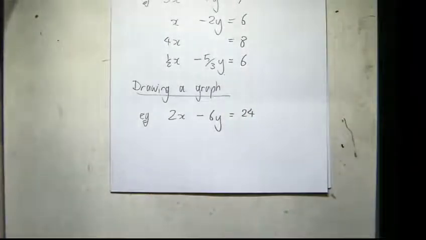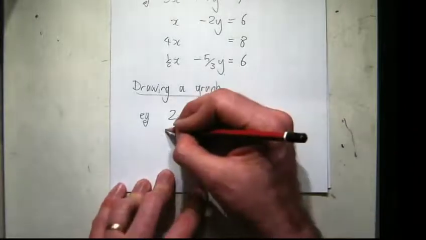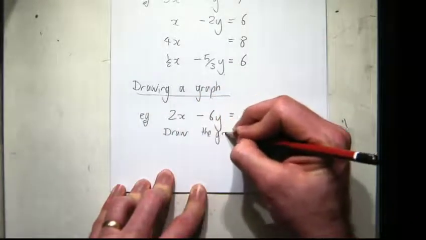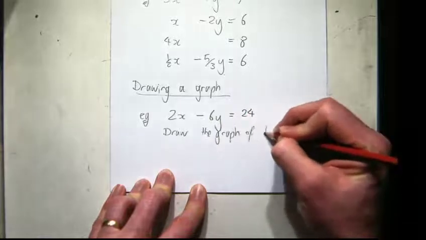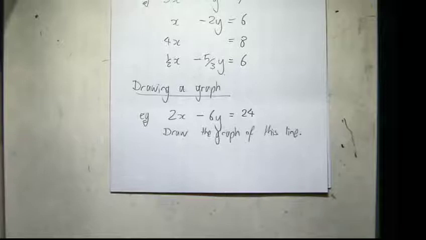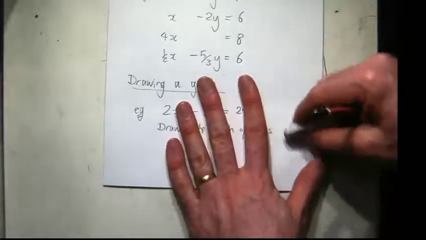Two x minus 6y equals 24. That is an equation. I'm going to draw the graph. Now I know it's a line, so technically draw the graph of this equation.